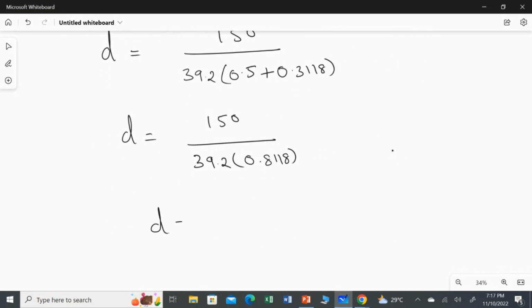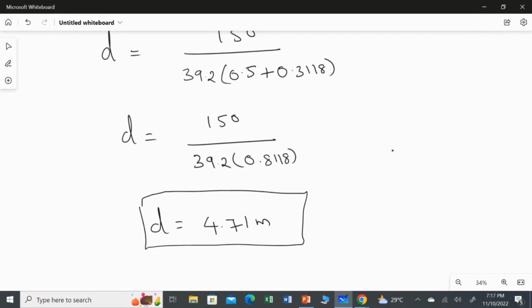Now 150 divided by 39.2 multiplied by 0.8118. So I got the answer as 4.71 meter. So this is the answer for the last question.